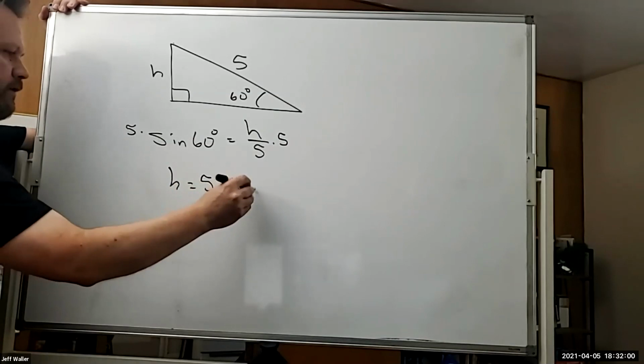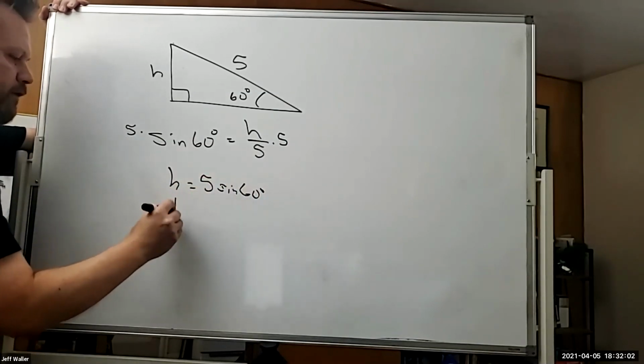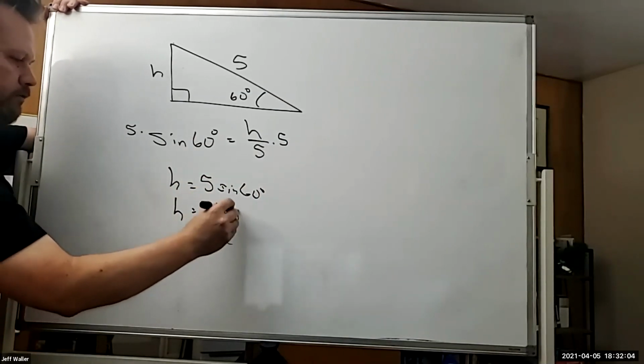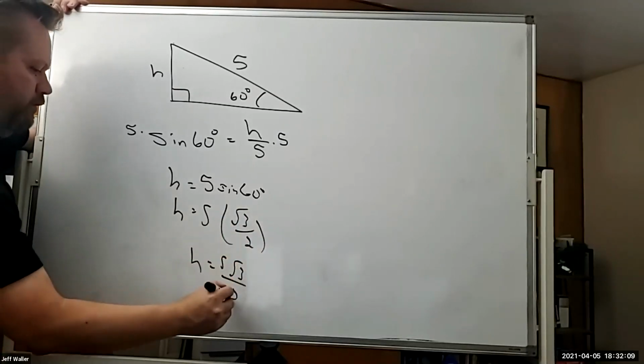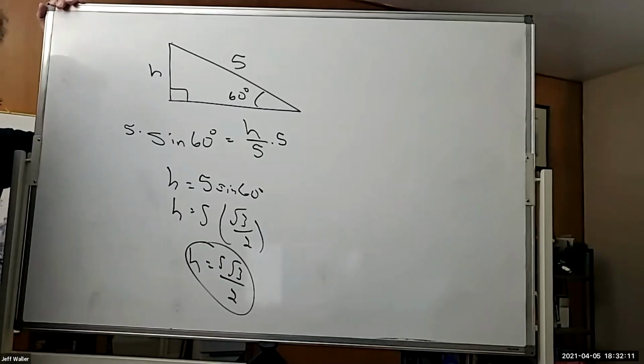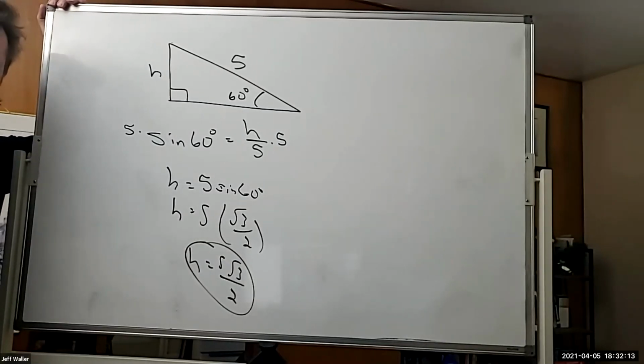Five sine of 60. And what's sine of 60? It's rad 3 over 2. So h is 5 rad 3 over 2. Bam. That's the exact answer. Any other answer is an approximation.